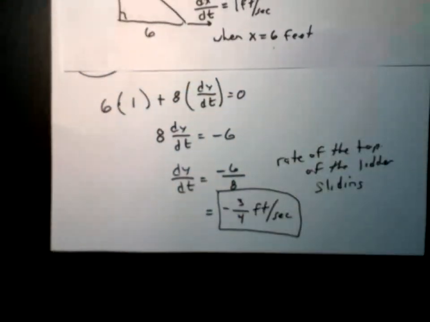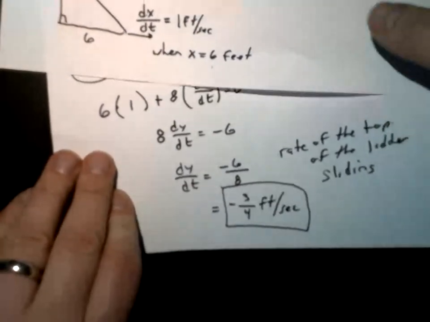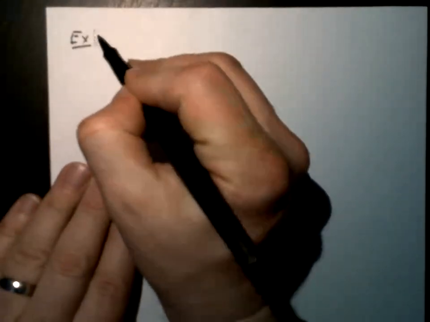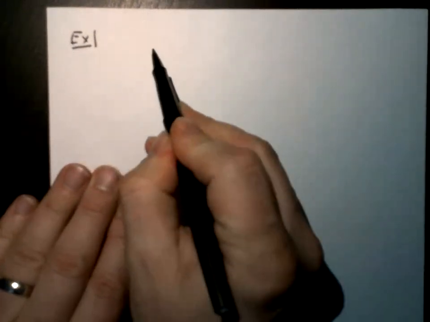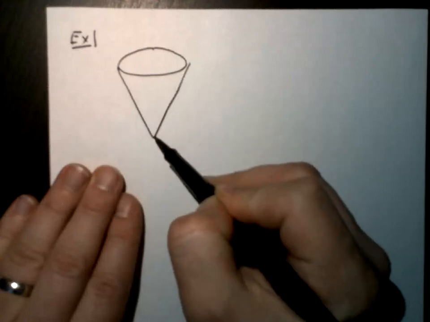So let's do another one. We kind of think that's a lot of work, and it is a lot of work, but it has the same kind of thing to it. Okay. So for example, let's say we have this cylindrical cone. Looks like that.